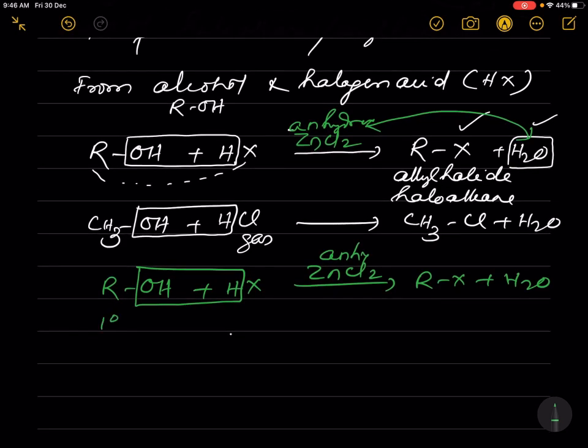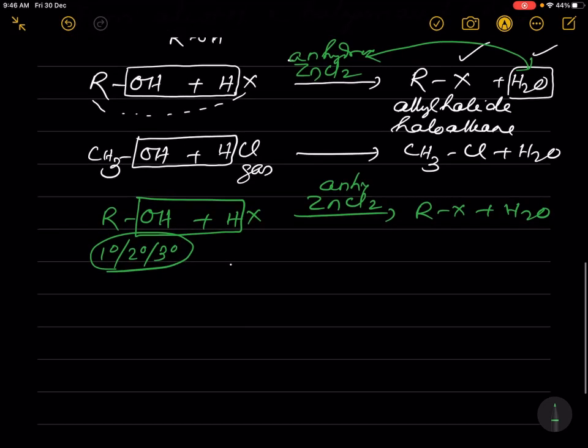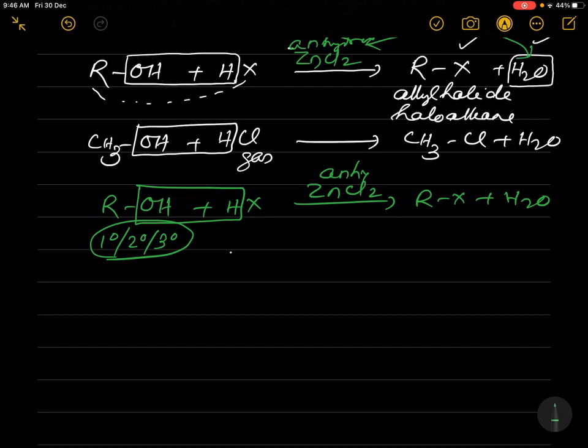Alcohol is of three types: primary, secondary and tertiary. And HX is concentrated HCl, and this is anhydrous zinc chloride.